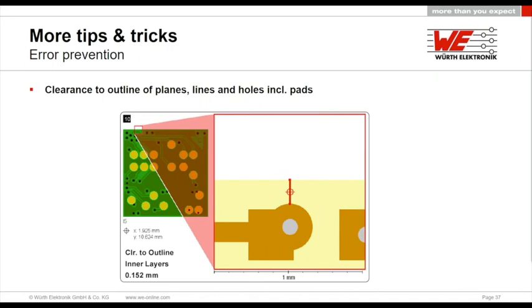This would lead to our design rule checking department getting in contact with you and telling you, please change your layout because this cannot be produced. This does not create cost in the PCB manufacturing itself, but still it creates cost in your house, and this cost can be avoided.